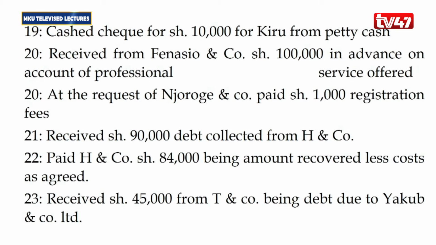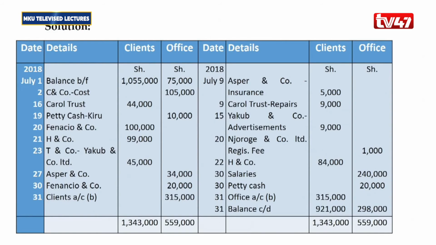Where we are receiving from financial company a figure of 100,000 in advance on account of professional services offered. So if you're going to receive from financial for these particular services, on this particular day, you realize that this figure will be captured in the cash book, 100,000.